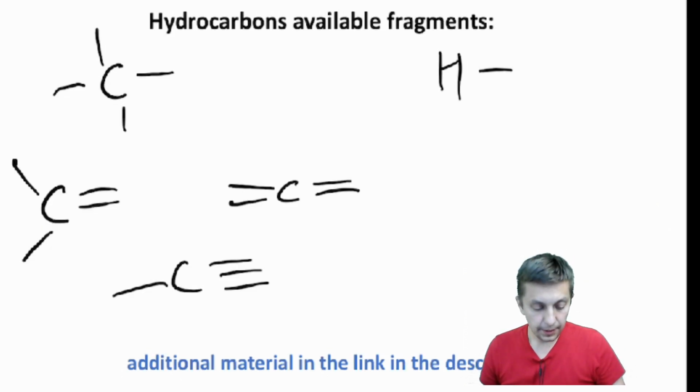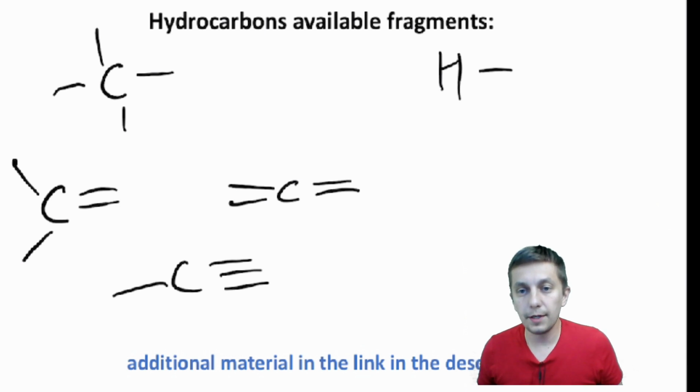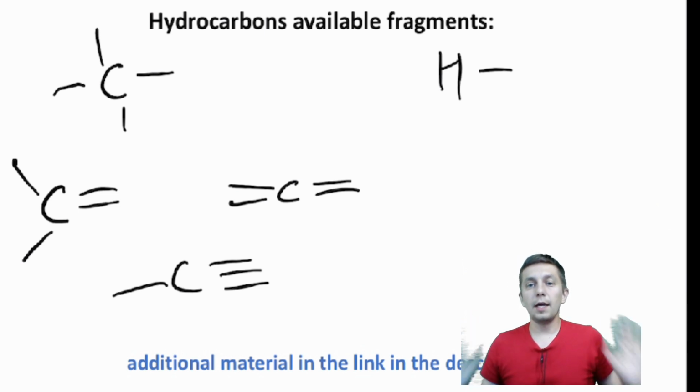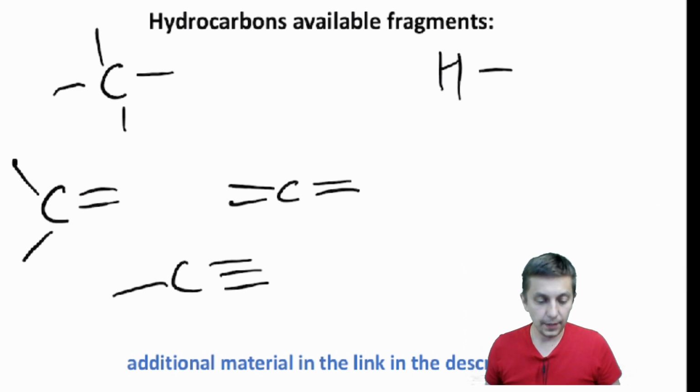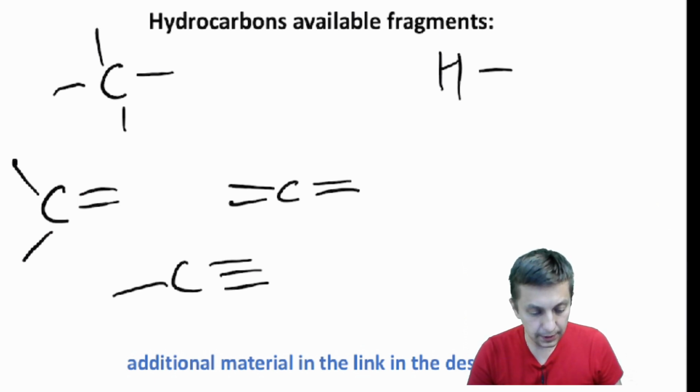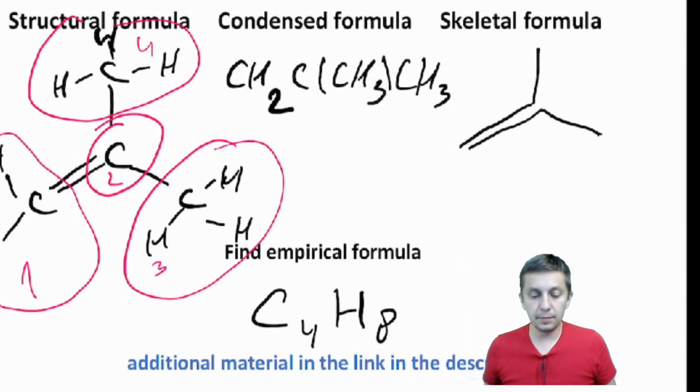So what you must memorize for organic chemistry at first: every organic molecule consists of carbons and hydrogens, with very rare exceptions. Carbon necessarily, hydrogen sometimes.